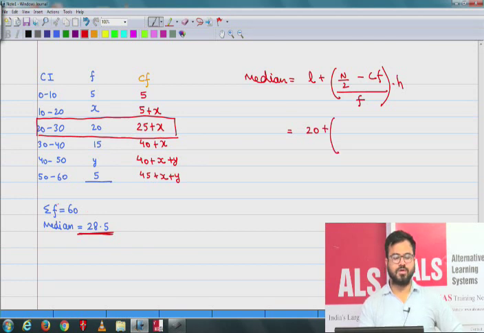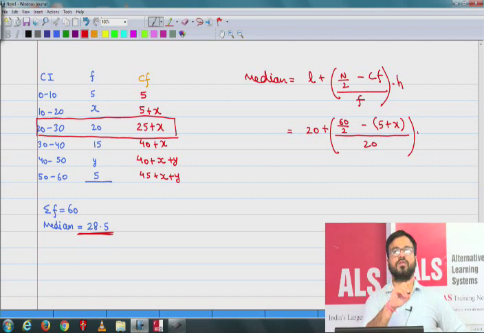N by 2 becomes 60 by 2. Now Cf is the cumulative frequency of the class just before the median class, which is 5 plus x. And the frequency of the median class is 20. And h is the width of the median class, like 20 to 30, the width is 10.